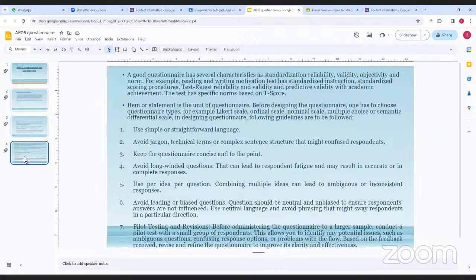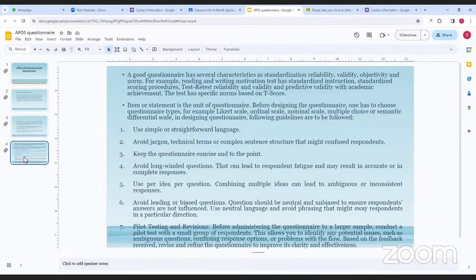Again, the items will be the same for all the individuals. And the test may have the norm.